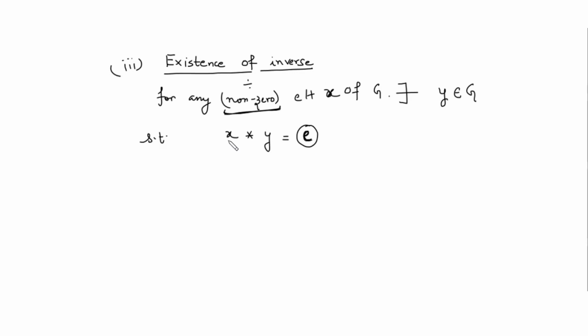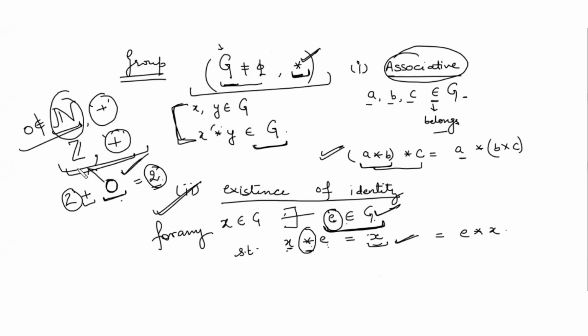So we take any element from the set G, we apply the operation, we have to see whether there exists any such element such that on taking it you get the identity. Like in the case of the set of integers with respect to the operation addition, we know that 0 is the identity, right?